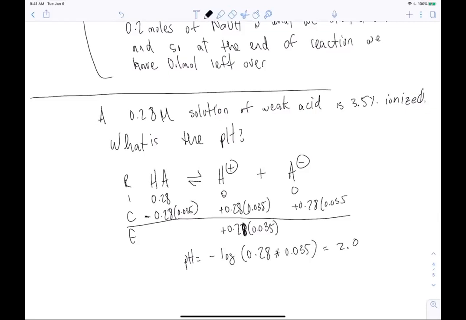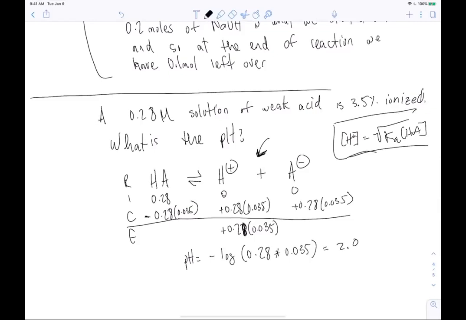So this is why the equations somebody was talking about in the last class, like H plus is equal to the square root of Ka times HA, those types of things, are kind of dangerous to just know. How would you apply this equation to this situation?